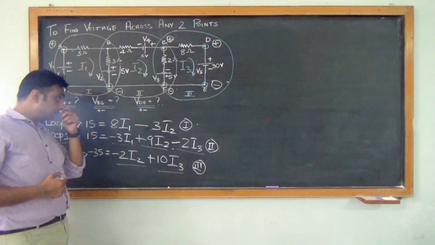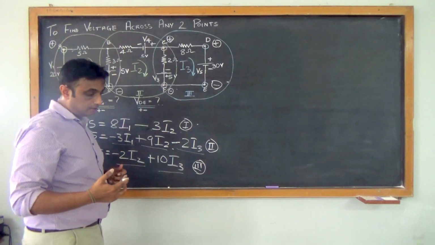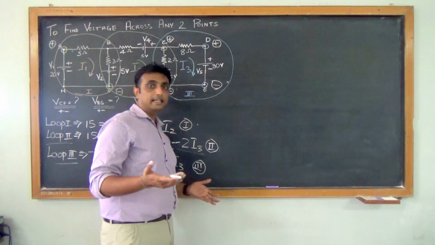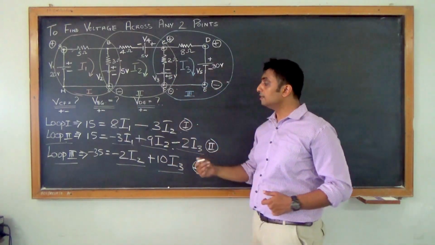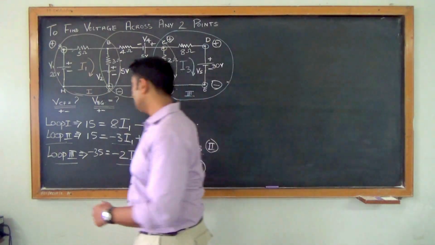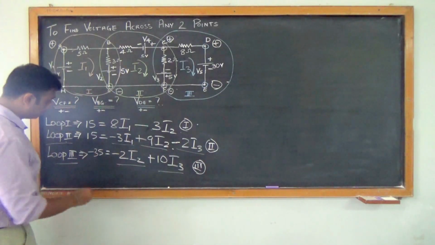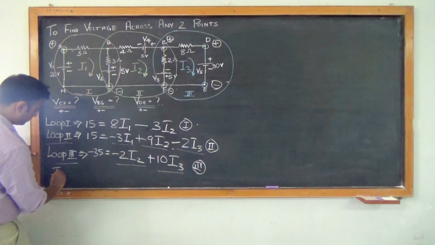Now once you get these equations, you can use your calculator, either the Casio FX 991 ES or ES Plus, and find the values of I1, I2 and I3 using the simultaneous equation mode.